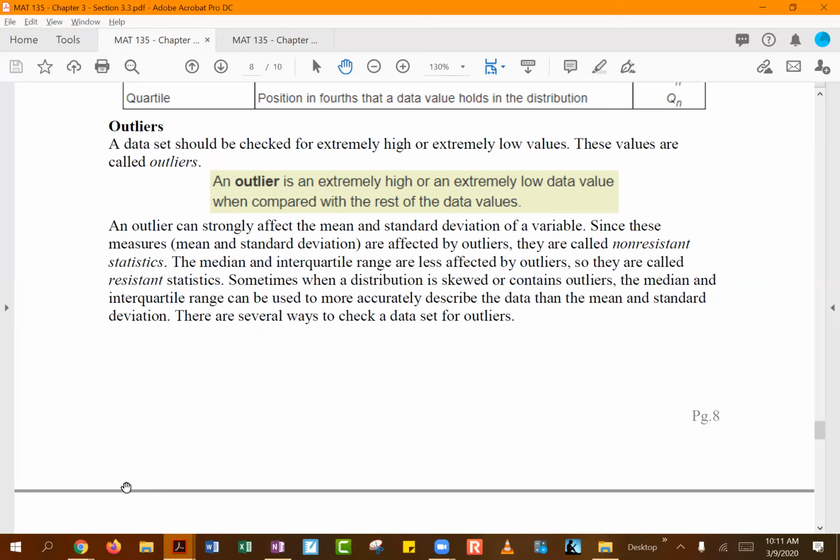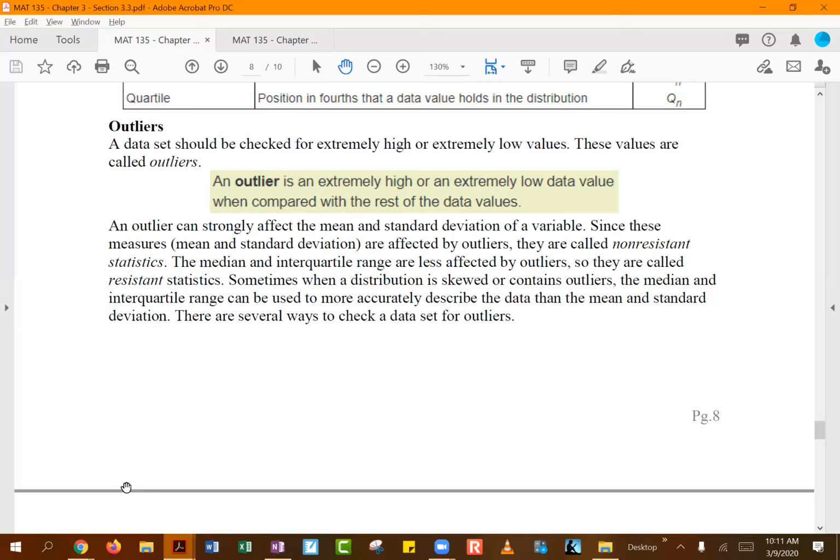So they're saying since these measures are affected by the outliers, they are called non-resistant statistics. They're not resistant, right? They change based on that calculation. But if you use a median and an interquartile range, they are not affected by the outliers. The median goes for the centermost position, so it's not worried about the highest or the lowest value affecting it.